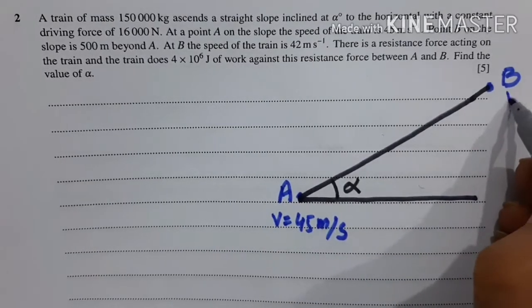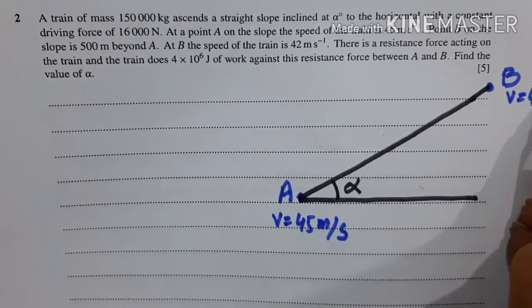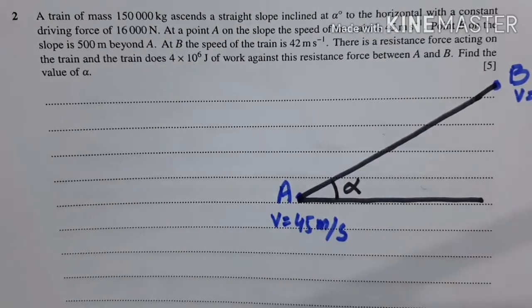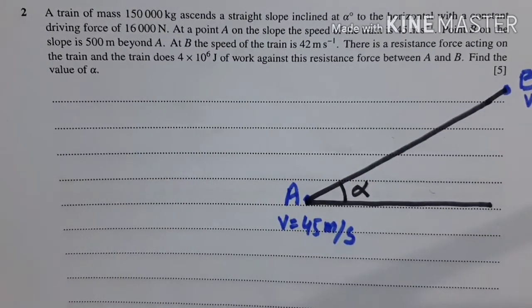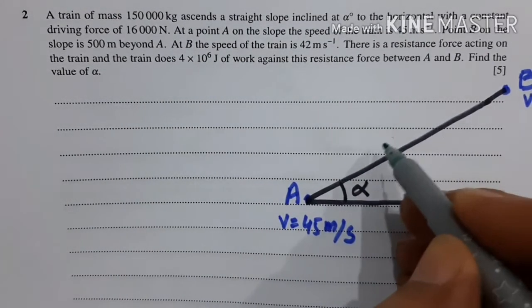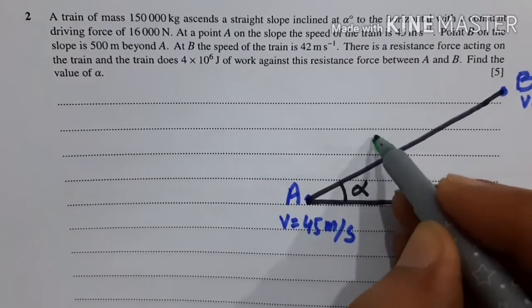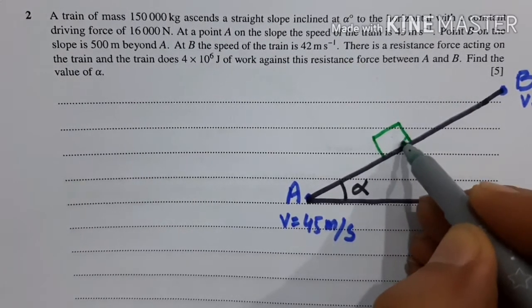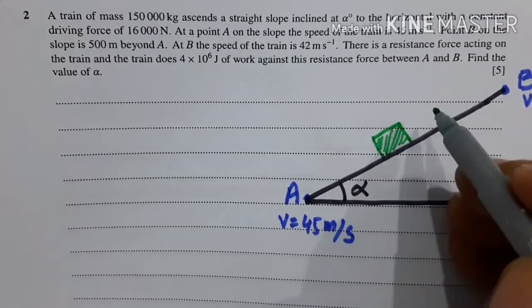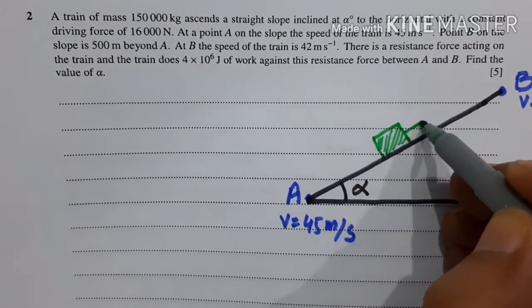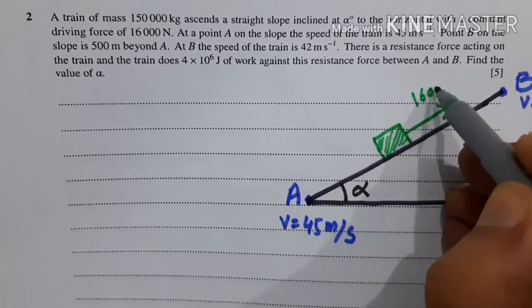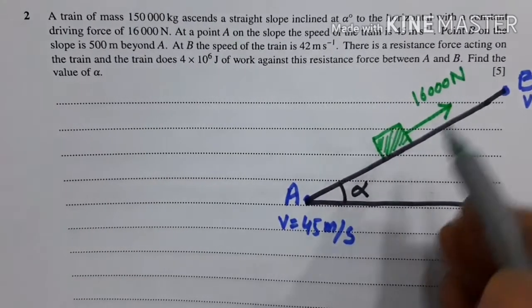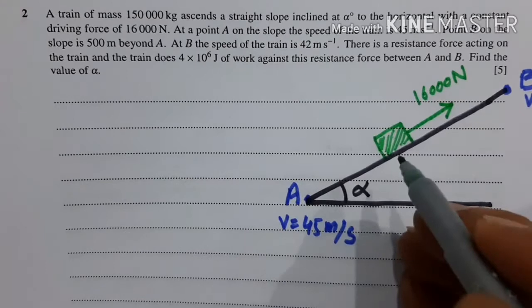At B, the velocity is 42 meters per second. Now, let's suppose this is the train. The train is applying 16,000 newton force upwards.